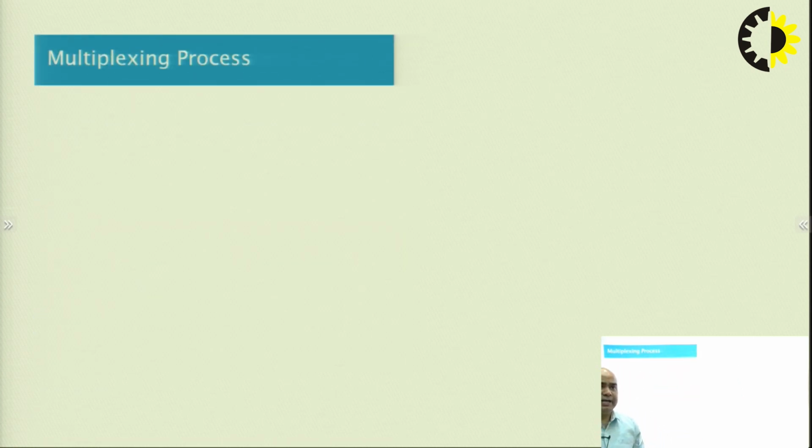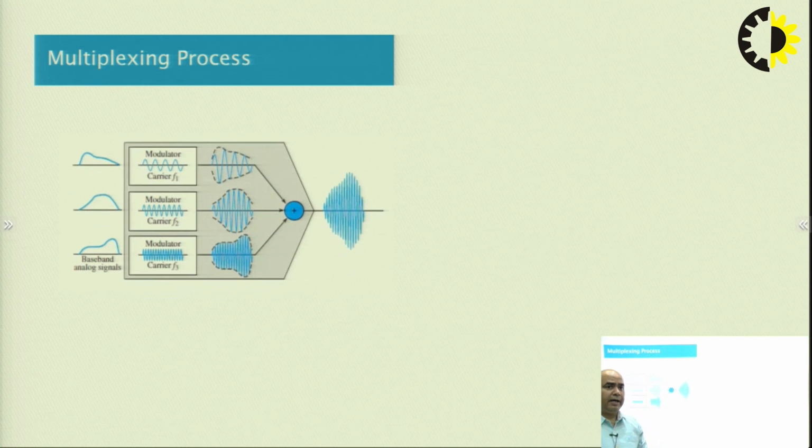There are various processes being done in multiplexing. The various users generate signals using the same frequency bandwidth.